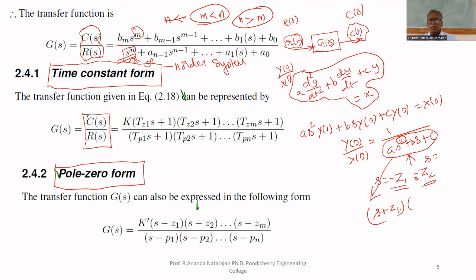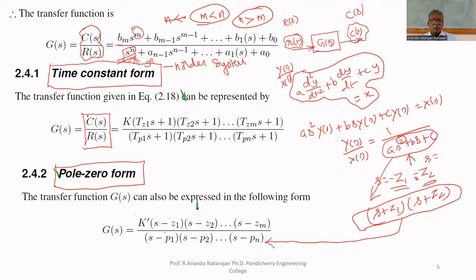If you do this, you will get the polynomial, because we are factorizing this polynomial by its roots. So if you factorize the denominator, you will get like this.